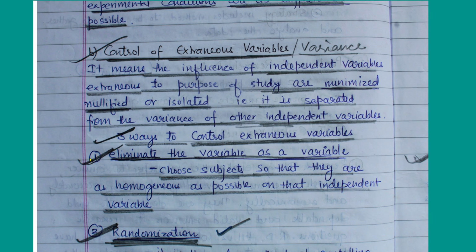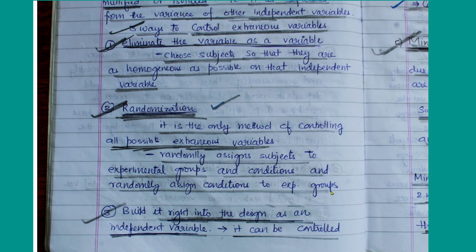The first one: eliminate the variable as a variable. Select subjects so that they are as homogeneous as possible on that independent variable. Suppose you are studying the effect of knowledge supplied to farmers on their rate of adoption of a particular technology. So you will select only those farmers to whom you have given knowledge.